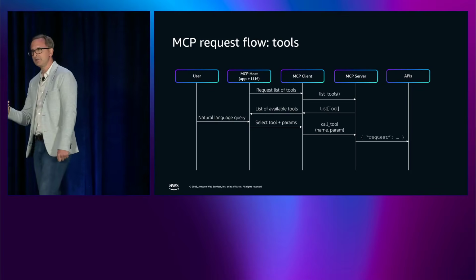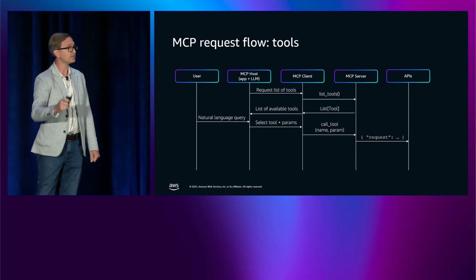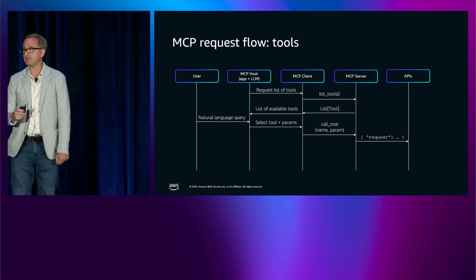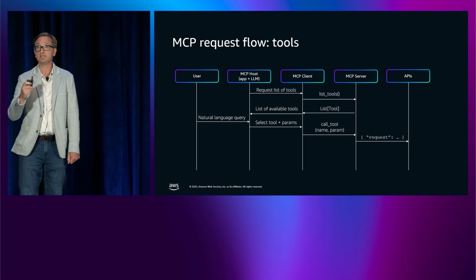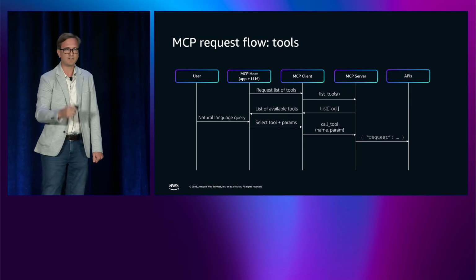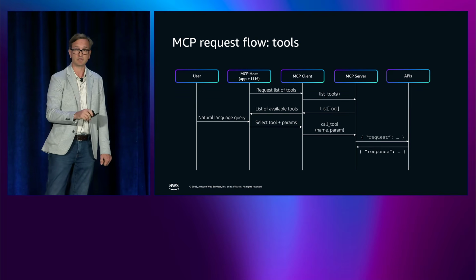And then that may end up triggering additional downstream requests, right? It could be calling another API. It could be querying a database, right? Whatever that MCP server needs to do in order to fulfill the structured request that it just created.